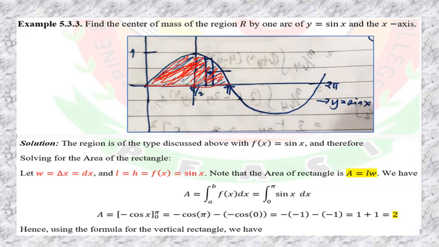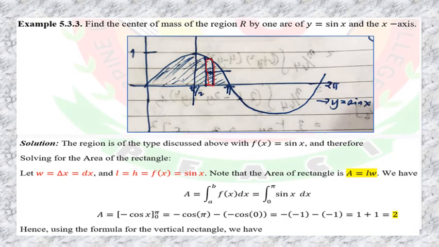Solving for the area of the rectangle, class. Since the rectangle we constructed here is vertical, we will use the formula for the center of mass for a vertical rectangle. We constructed a vertical one because we can get a height for the rectangle: upper minus lower.